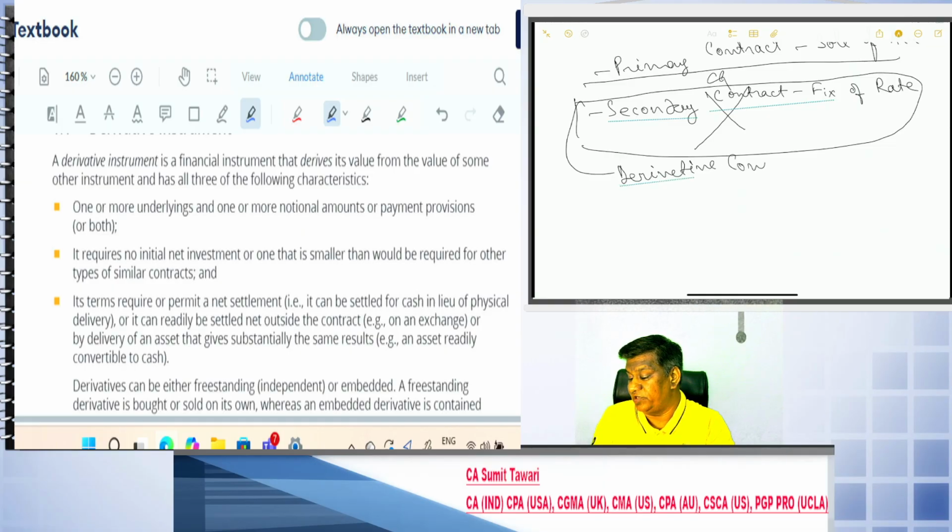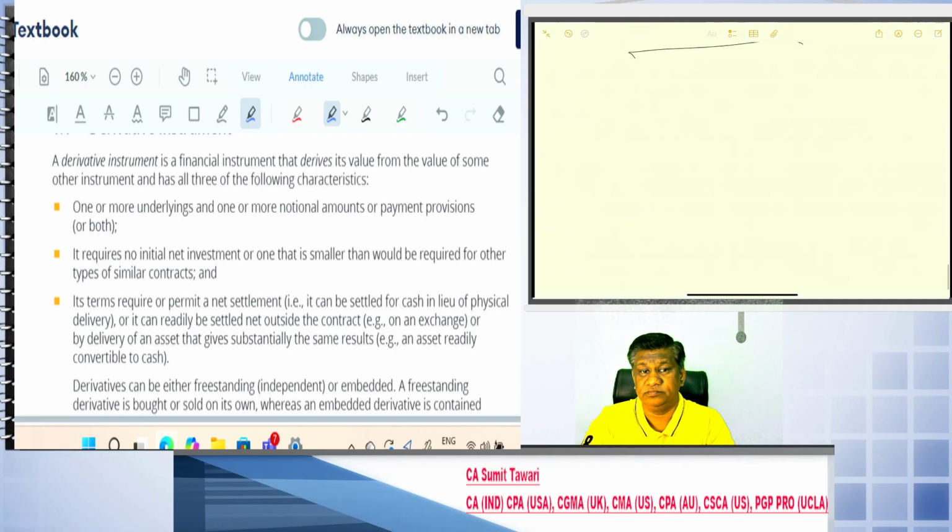Generally, a derivative contract is the secondary contract. Clear? Any doubt here? Okay.